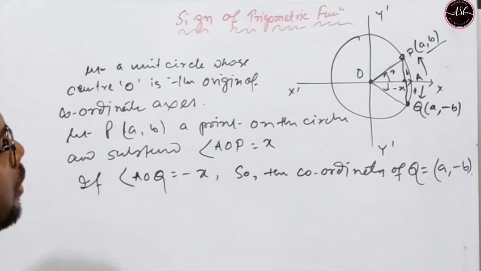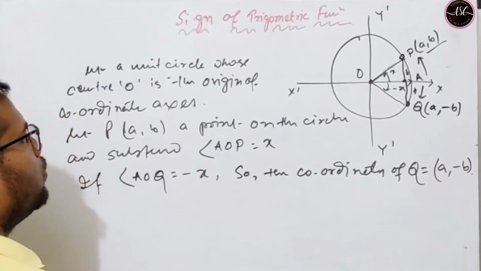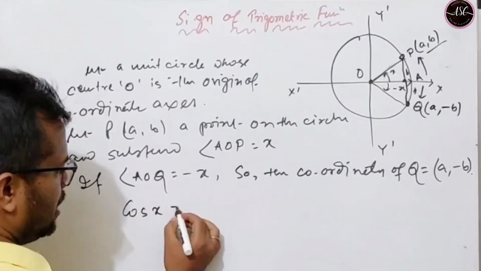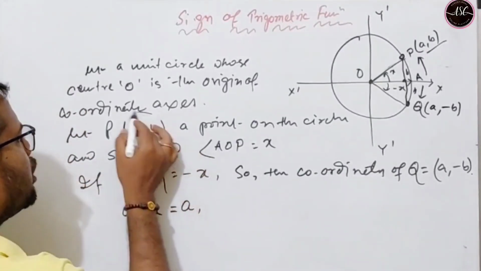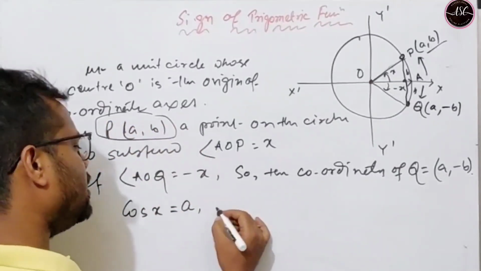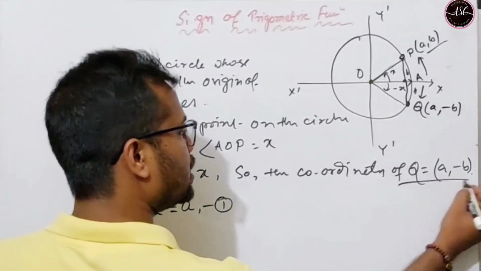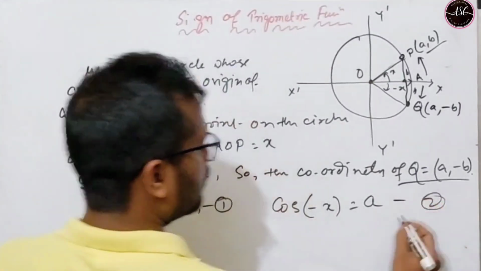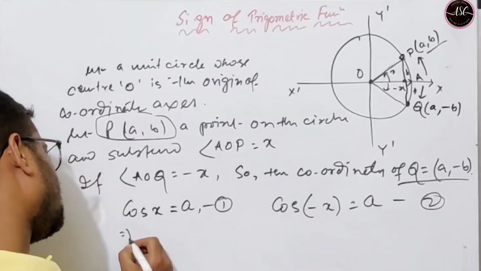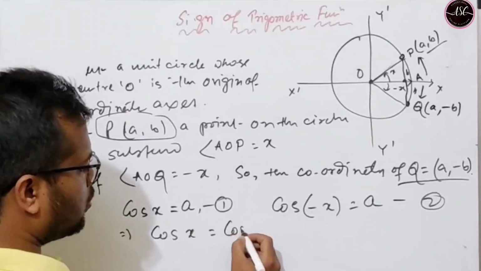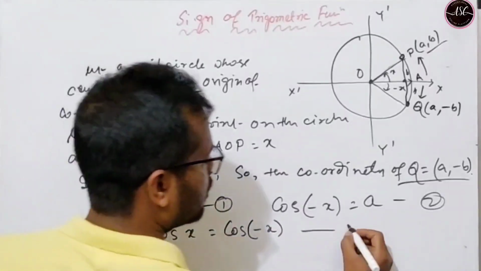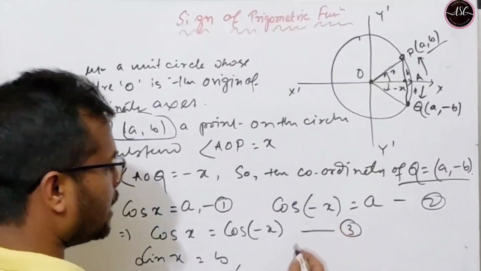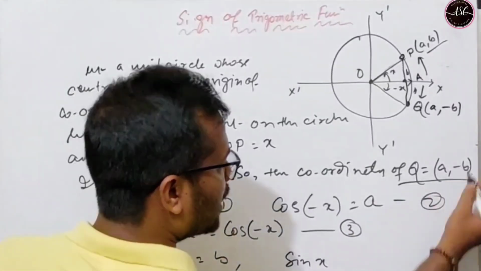For these two we have seen previously that cos x equals a for the point P, and for this we have cos minus x equals a. By these two we get cos x equal to cos of minus x. And we have seen for this sin x equal to b, and here sin of minus x equals minus b.